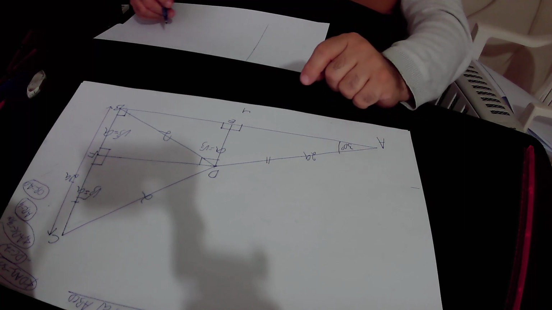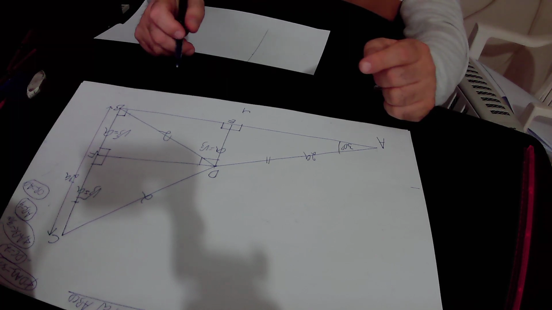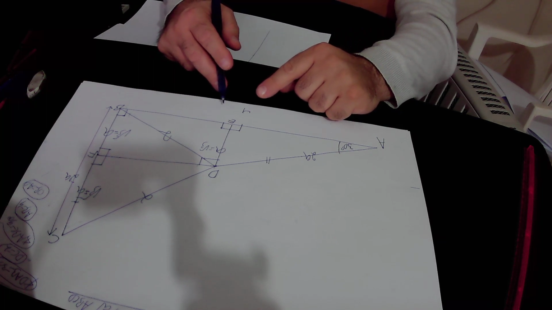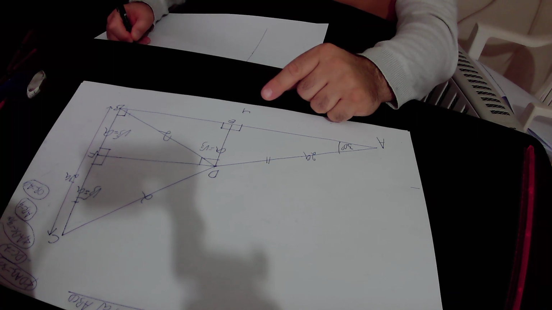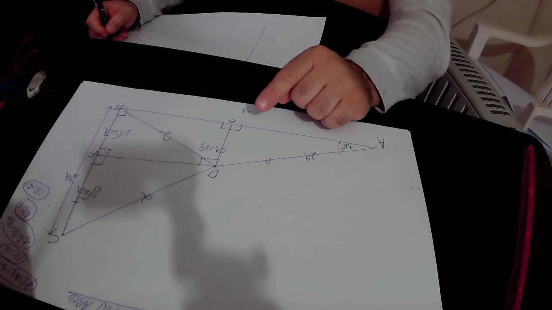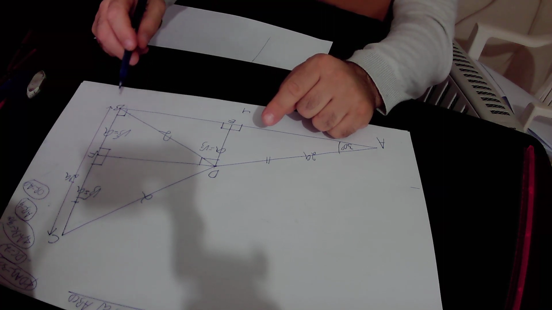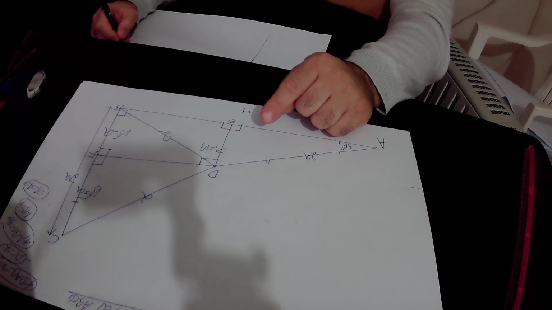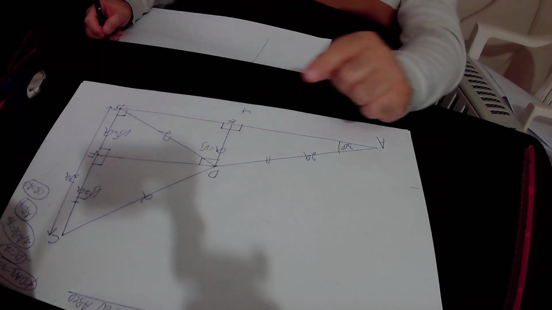will be equal to EB times DE. Okay, and the area of the right triangle DFC will be equal to the base DF times the height to the base that is CF over 2.